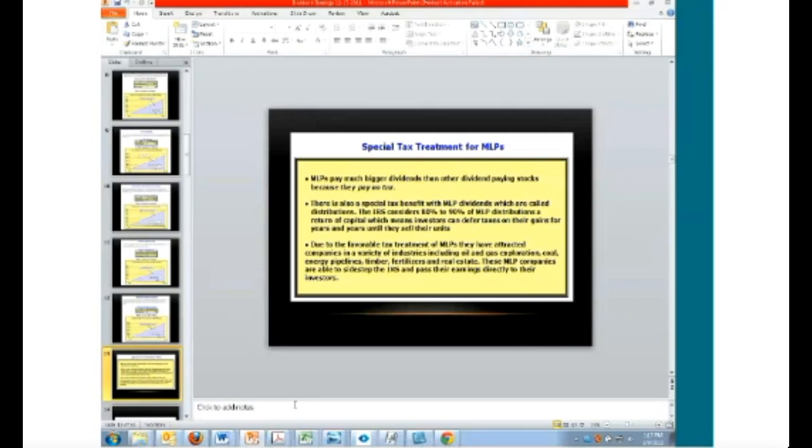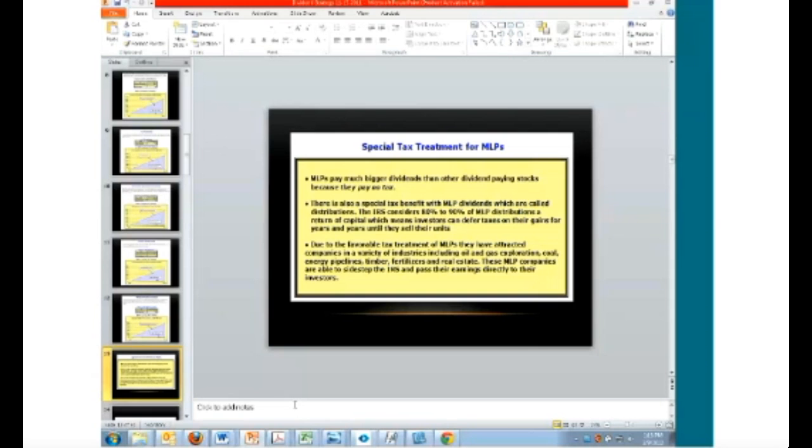So there's also a second tax benefit with MLPs. When they make a distribution, it's considered a return of capital, and the IRS generally considers 80 to 90% of your MLP distribution as a return of capital, which means you can defer taxes on those gains for years and years and years until you actually sell the units.